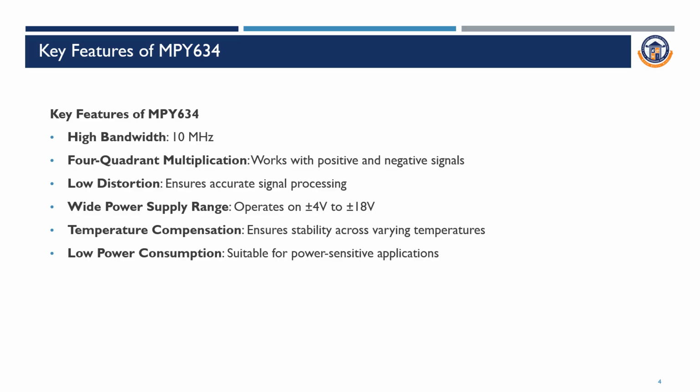It gives temperature compensation, which ensures stability across varying temperatures, because due to global warming we have a lot of temperature variations. Even in the same place we can sense various temperature values. And it has low power consumption, suitable for power sensitive applications.